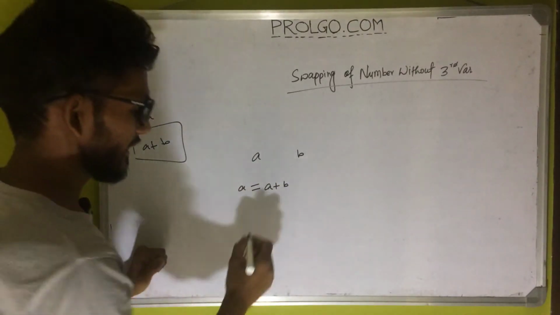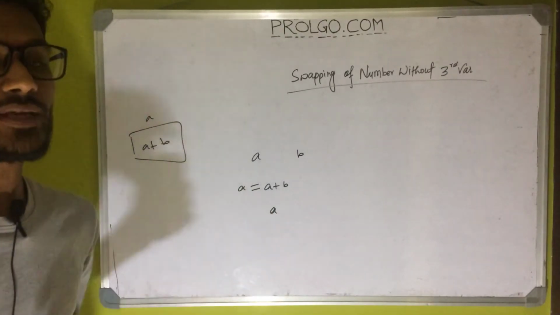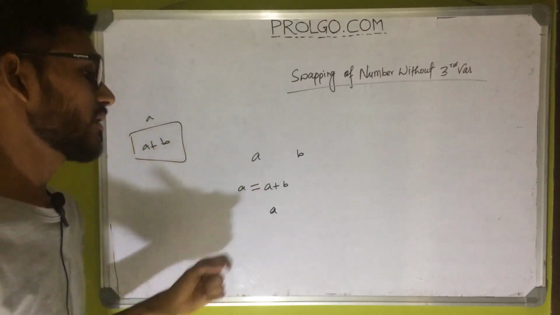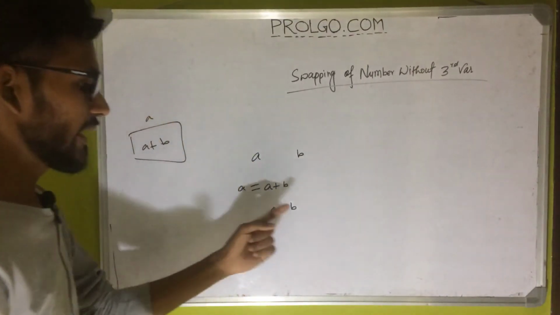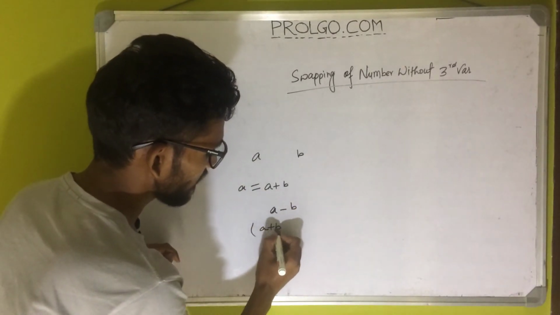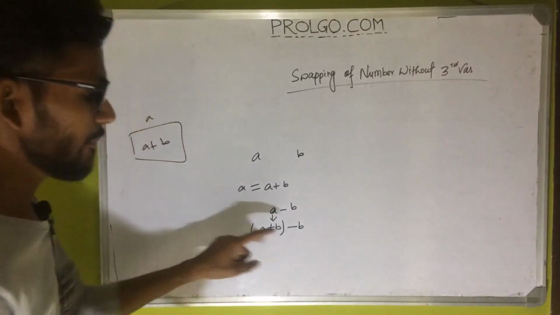Now take this a, which contains a plus b. If we subtract a, it will become 0, so we will subtract b. In fact, a contains a plus b, and we are doing minus b.